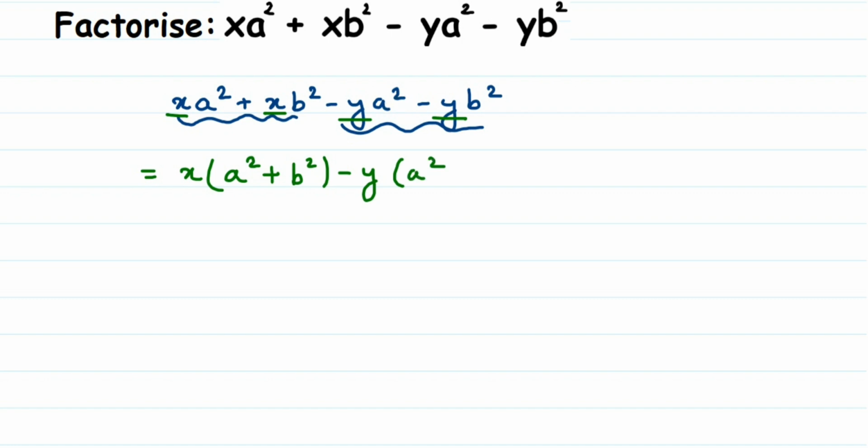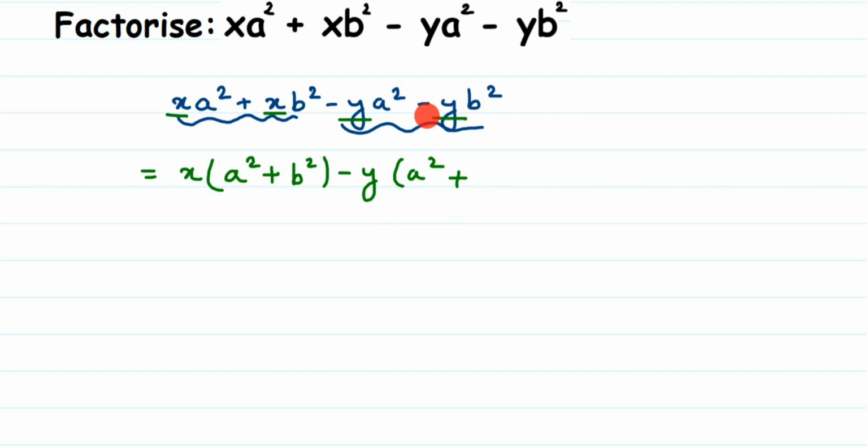Now it's a very important part. Here we have a minus sign. If I put a minus sign here, what happens is, when you open the bracket, minus into minus will become plus, right? So we're getting a plus yb square, but here we have a minus sign, which means I have to put a plus sign here, so that minus into plus will become minus.